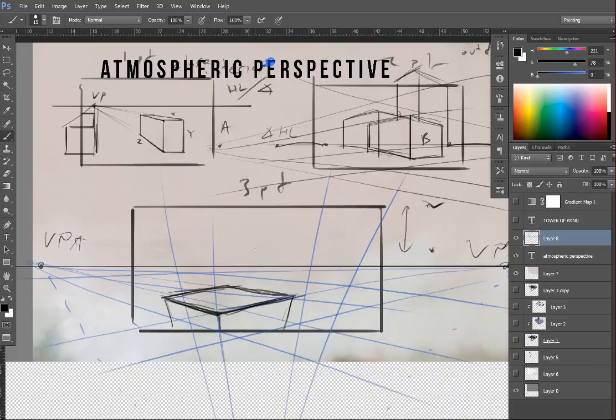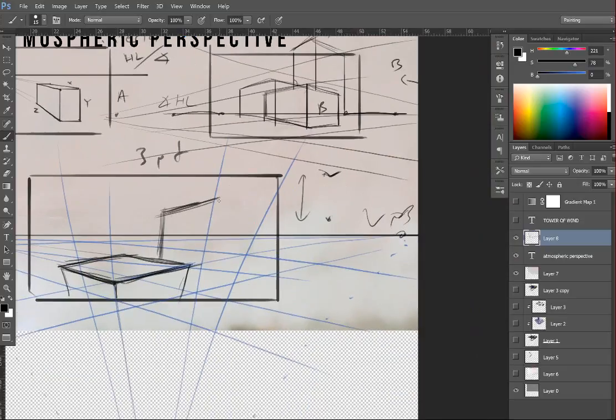Meaning that anything that you draw above this line, you're actually looking from below at it. And anything below this line, you're looking at the top of it. Makes sense? So if I have a building there, I'm just freehand now, then this point obeys VPA because it's on this side, and this point here, this side here, obeys VPB.